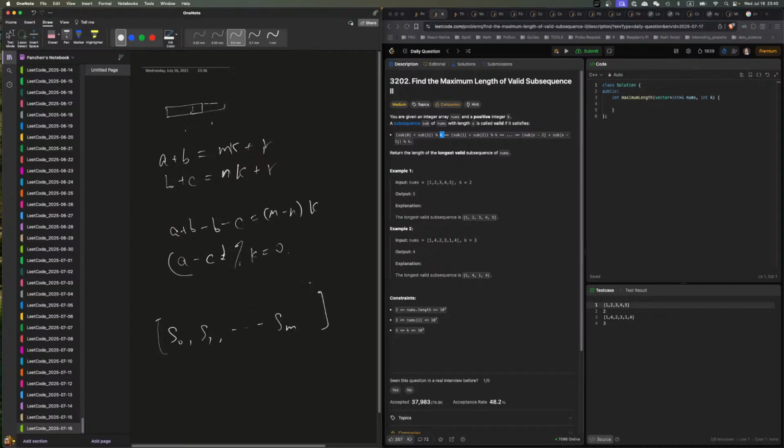Right, so these are the subsequence. So what we're saying is the difference between these two, right? The difference between these two, like just keep moving on. Their difference has to be divisible by K. By K.